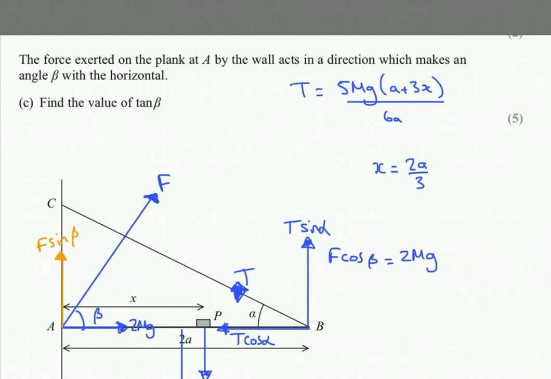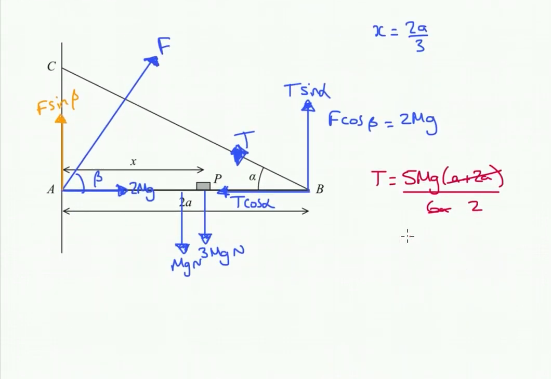If x is 2/3 of a, I've got 3 x's here, so that's going to be 2a. So T is equal to 5 mg times a plus 2a over 6a. That's 3a over 6a, so that's going to cancel to just 1 over 2. So T can now be simplified to 5 mg over 2. That's really useful because it's going to simplify all this stuff down.